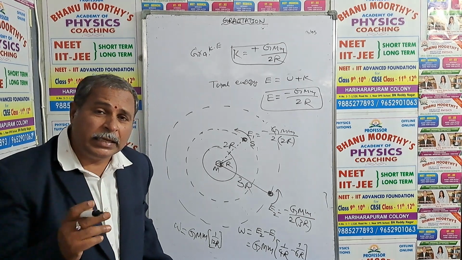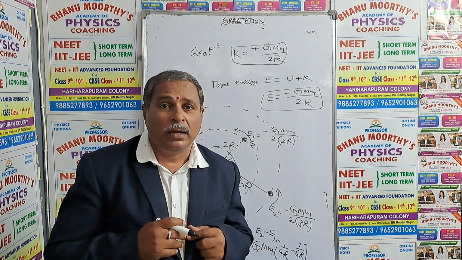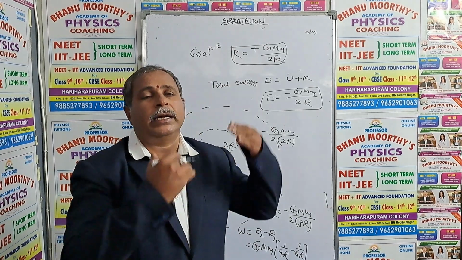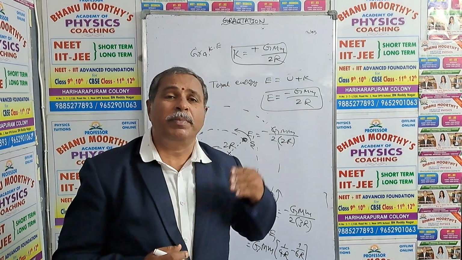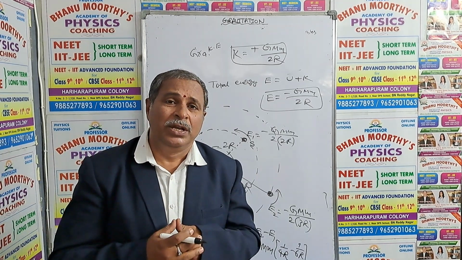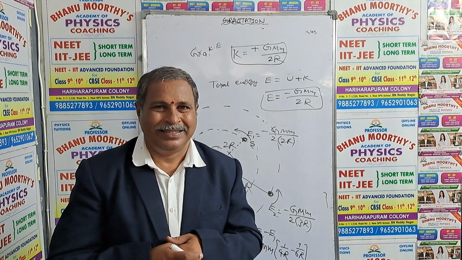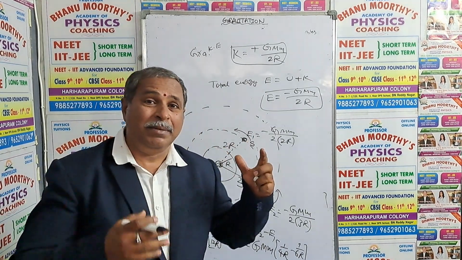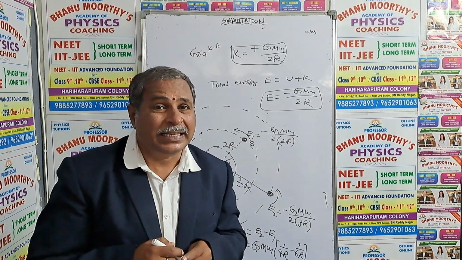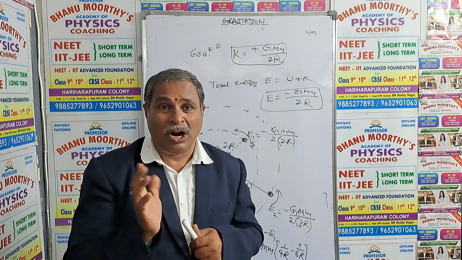Already the satellite is revolving in one orbit of radius 2R. Now we are going to project that body into another orbit of radius 3R. Then what is the work done? We have to consider the total energy formulas. But in the previous case, the body was on the surface of the earth, not rotating.